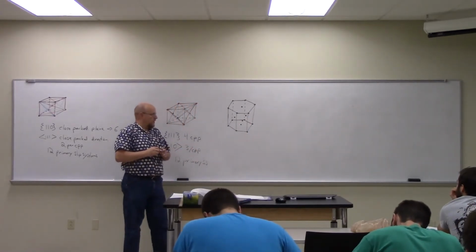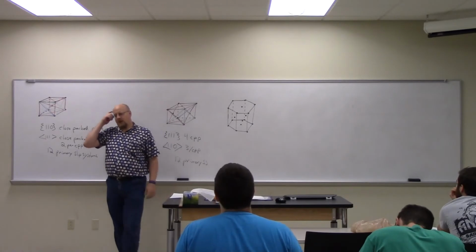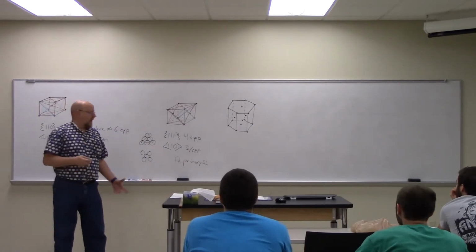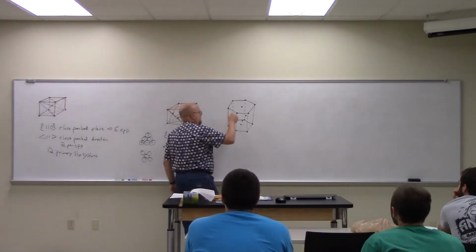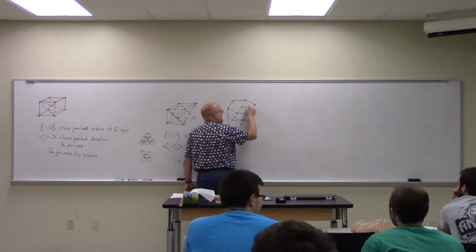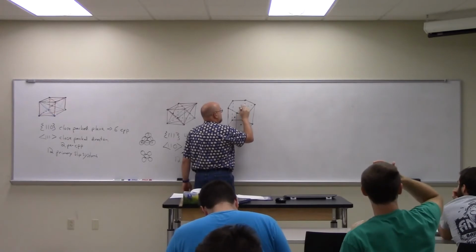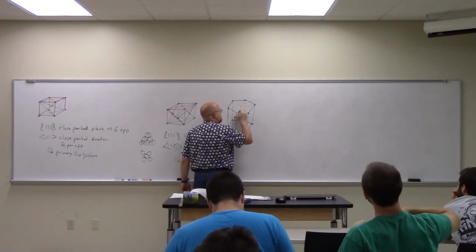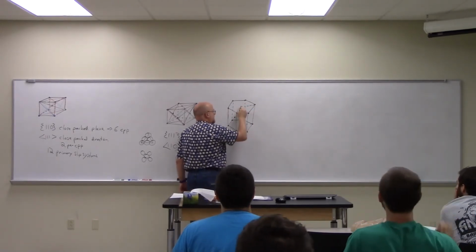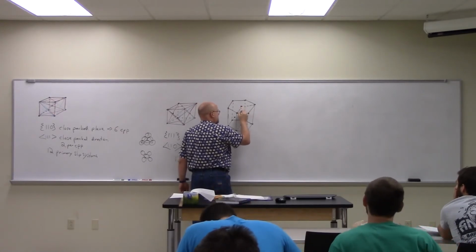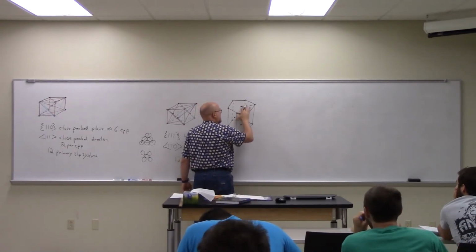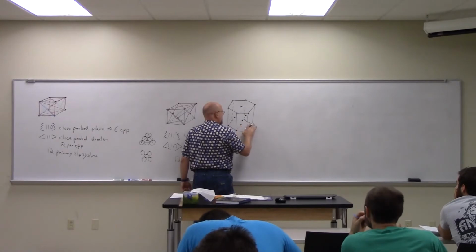Okay, here's hexagonal. What's the close packed plane in the hexagonal structure? I've drawn the whole thing. In reality, this is the unit cell. We draw the lines of the unit cell, maybe I'll do them in red.